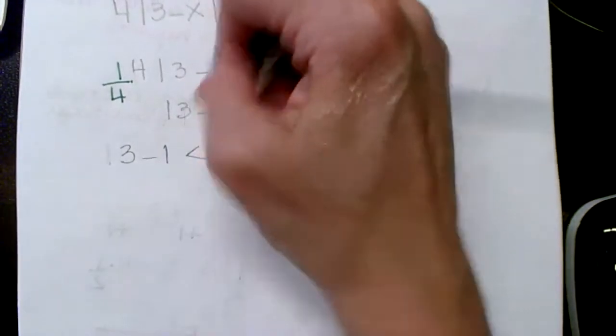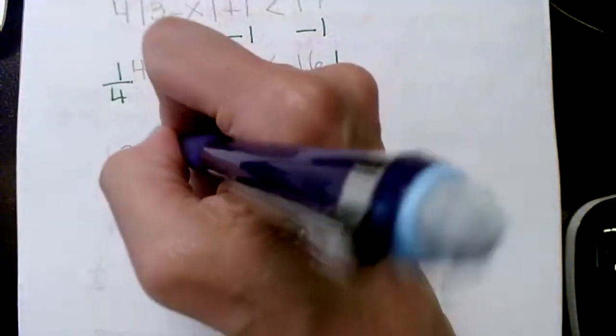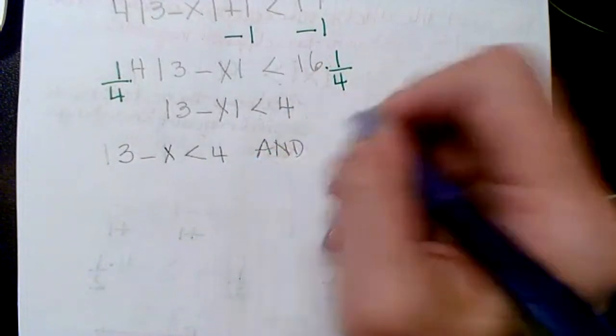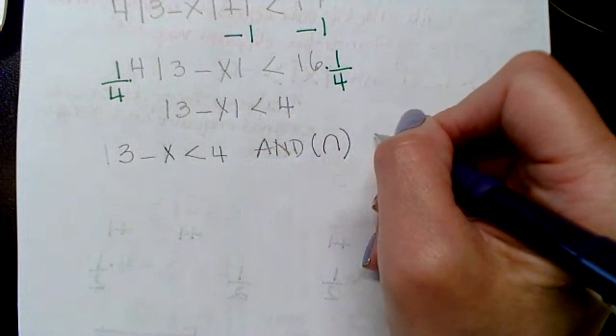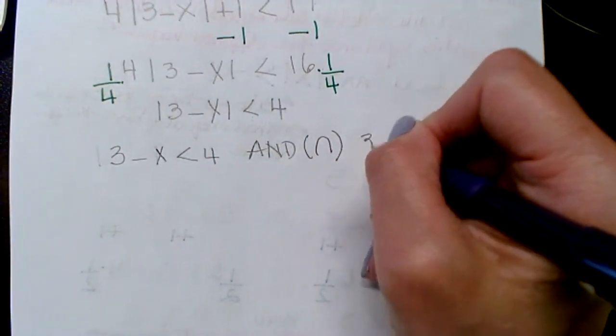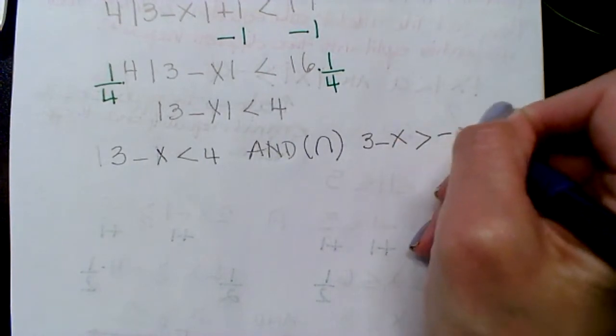And what did we say? The other one was going to be the opposite, right? So it's going to be 3 minus x, the opposite inequality and the opposite value.